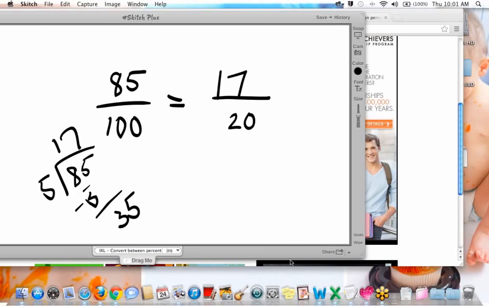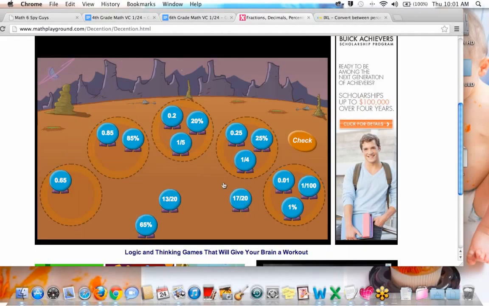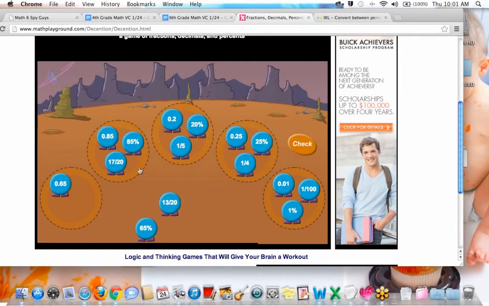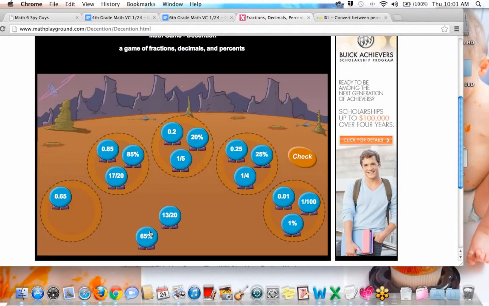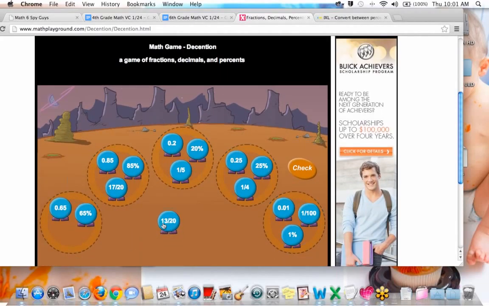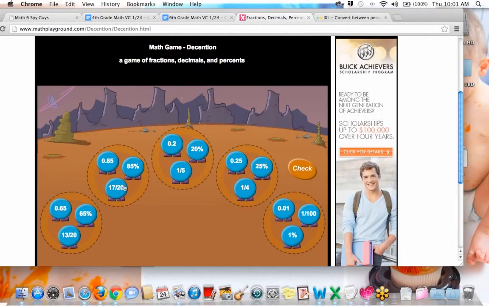Okay, so that was our hardest example yet. So 17/20ths, there we go. And then, of course, 65 hundredths is equivalent to 65%. And then that would be 13/20ths once you wrote the actual 65 over 100 and then reduced it.